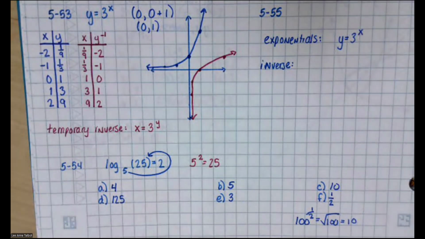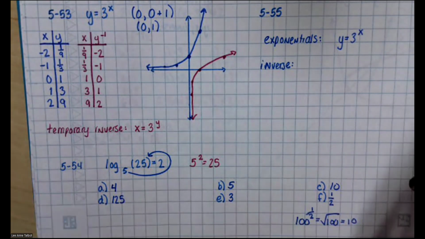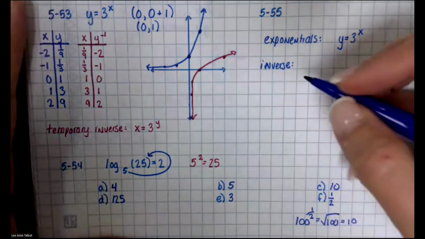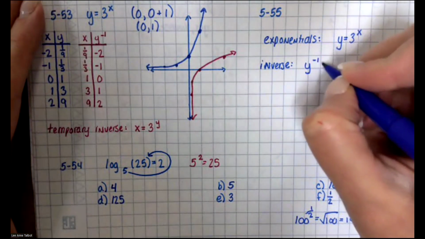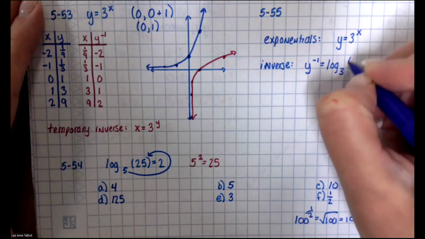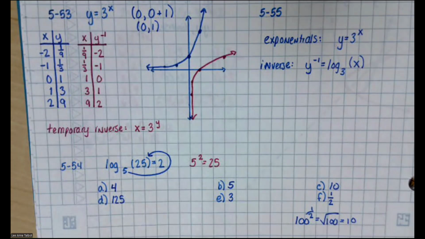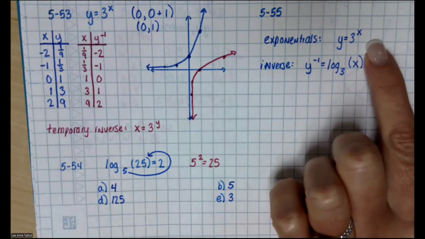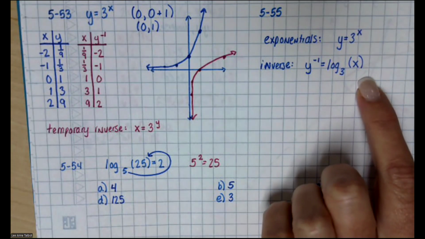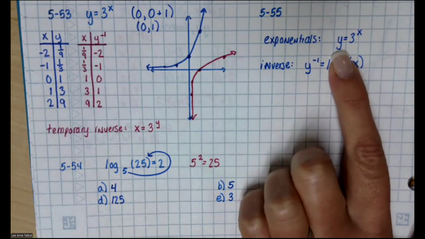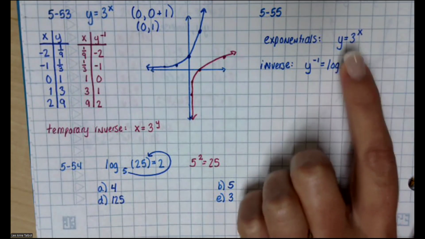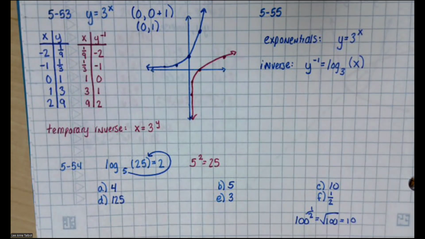This exponential is base 3. Can you guys tell this is base 3? Okay, so the inverse is going to be log base 3. So exponential to inverse, when you're writing your steps, is going to be log. Undoing an exponential is going to be doing a log when you're doing your steps. We're going to practice this a lot, but this was the very first baby bit of it today.